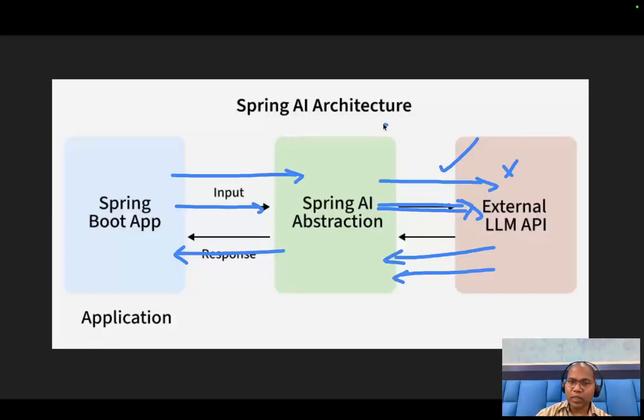So here Spring AI maintains one abstraction layer. Whenever you call, it notes what the previous questions and previous responses were. Internally, it maintains a conversation memory: this is the first question, this is the first answer.